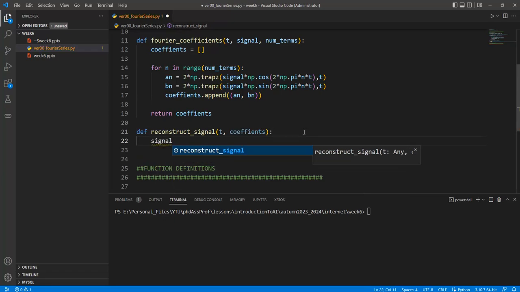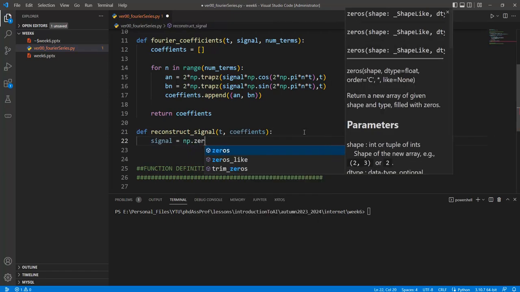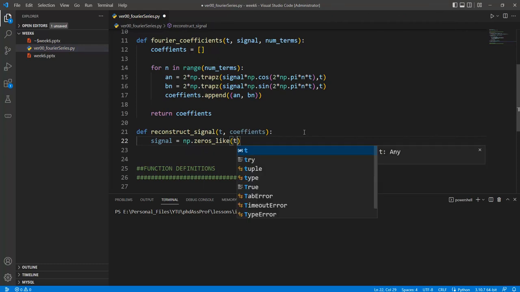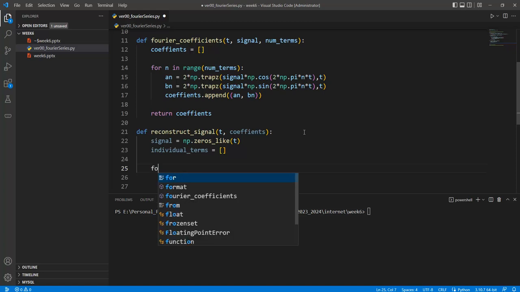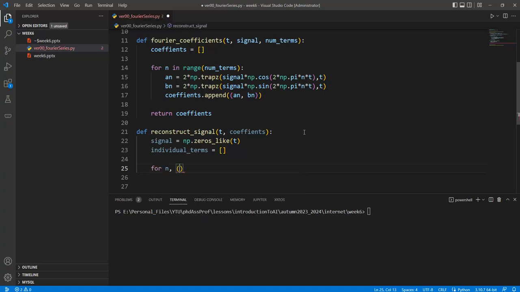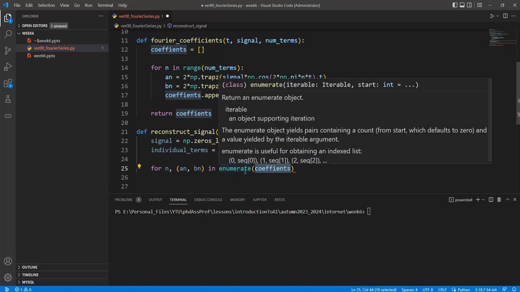And so the signal should be created in here, zeros_like t must be given in here, and individual terms are created for n, an and bn, right? In enumerate of the coefficients, right? Because we have an and bn stored in the coefficients. And so I can reach these values by using the enumerate function, okay?